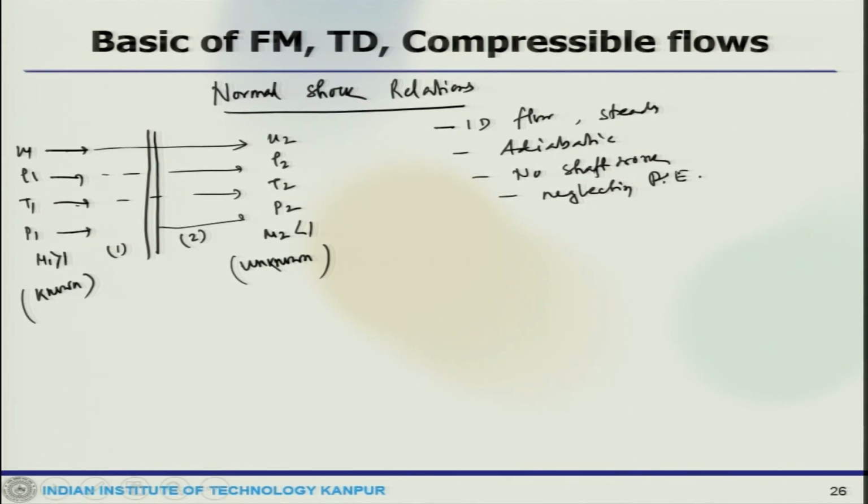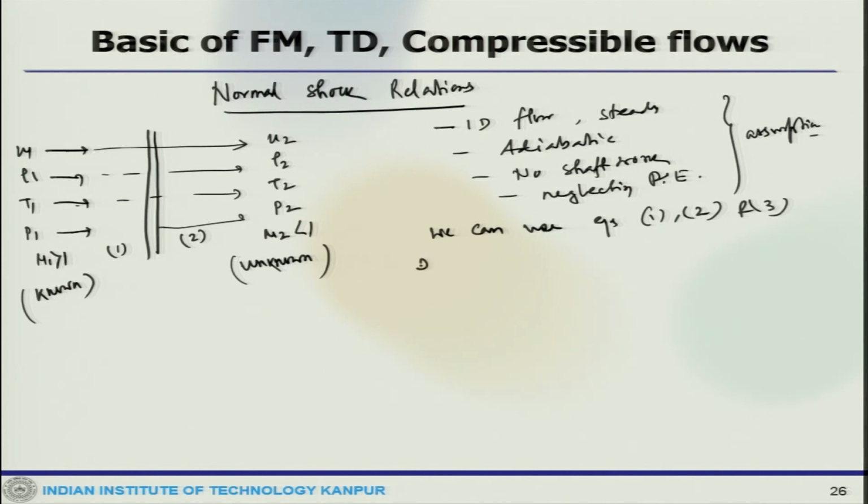So, these are some of the assumptions associated, so that we can derive simple equations. Now, whatever we have done, we can use the derived equations 1, 2 and 3 directly.